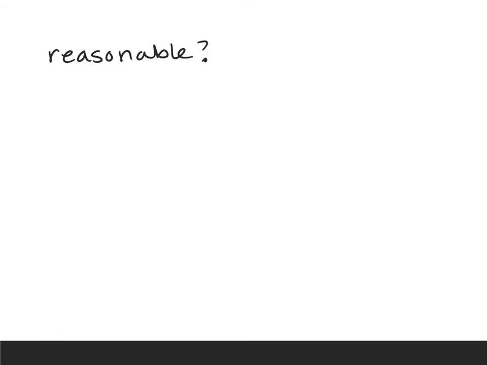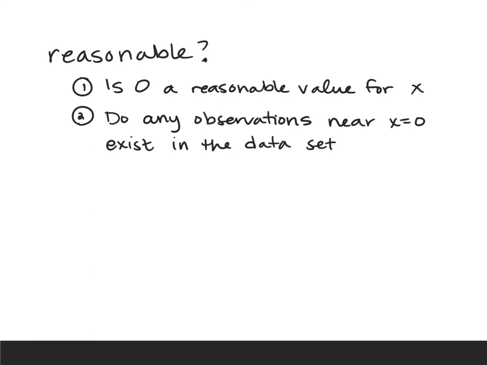So we've got two questions we can ask ourselves to say whether or not it is reasonable. And these two questions are in your interactive assignment. The first one is, is 0 a reasonable value for x? And in this case, I think it would be, because if you started at a depth of 0 feet, you would just be starting your drilling on the surface.